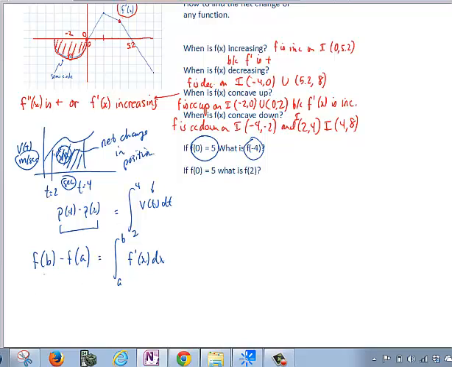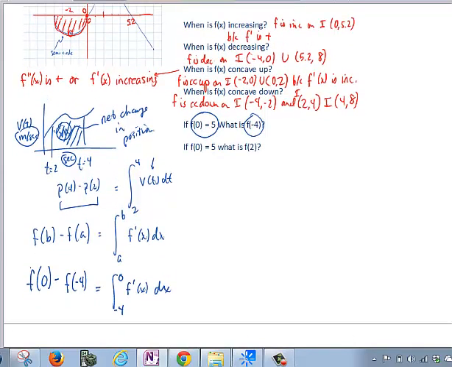F of 0 is 5, so I'll just write out we're going to integrate from lower limit -4, upper limit 0, f prime of x dx, and we're going to put on this side f of 0 minus f of -4.